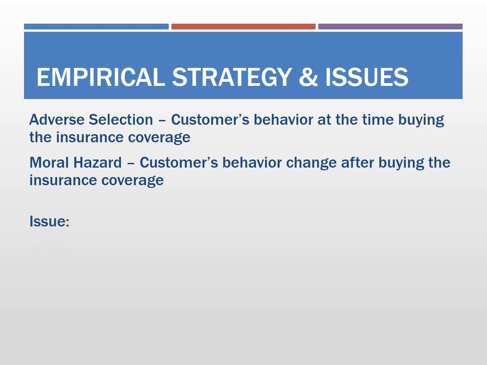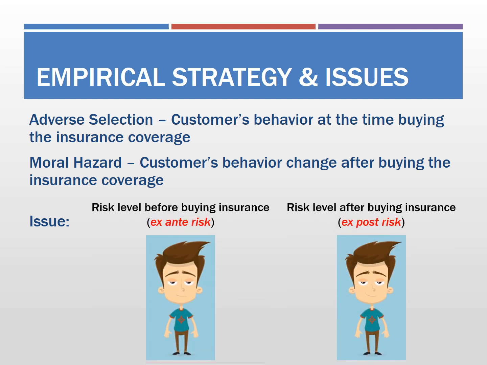The issues that we usually encounter as economists are to identify the risk before buying the insurance, and the risk after buying the insurance. We have a term for it. Before buying the insurance, it's what we call the ex-ante risk, and after buying the insurance, it's the exposed risk.